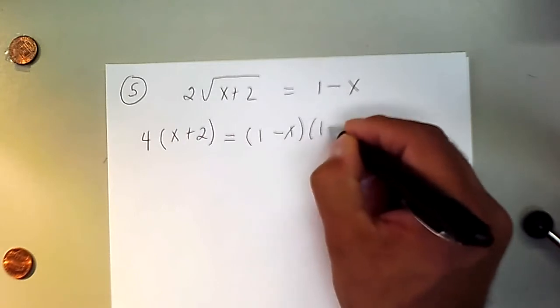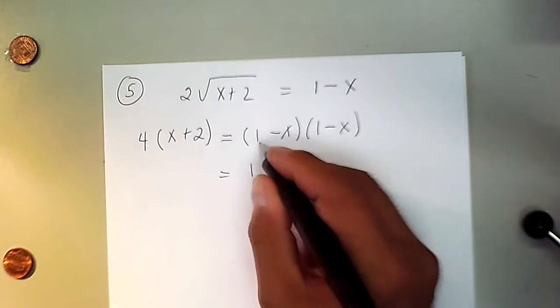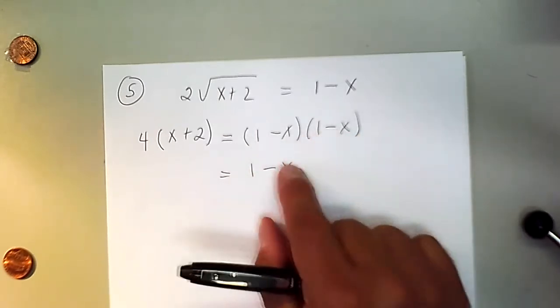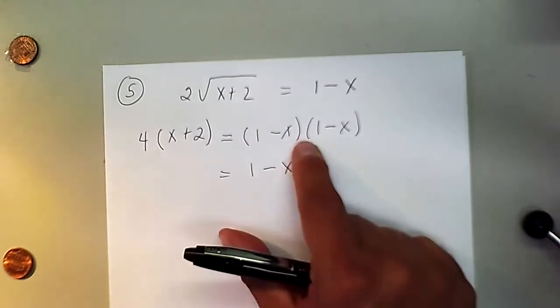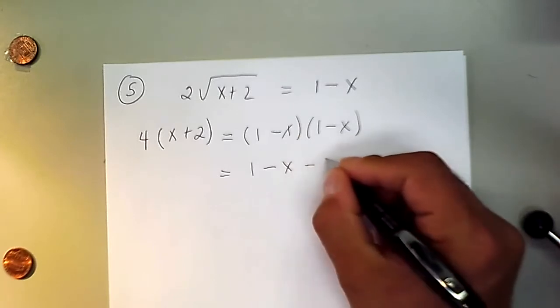FOIL. So 1 times 1 is 1. 1 times negative x is negative x. Now, you don't have to show all the steps. If you are proficient in foiling, then you can just write down what it is.